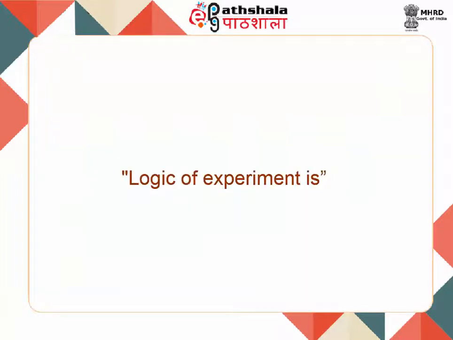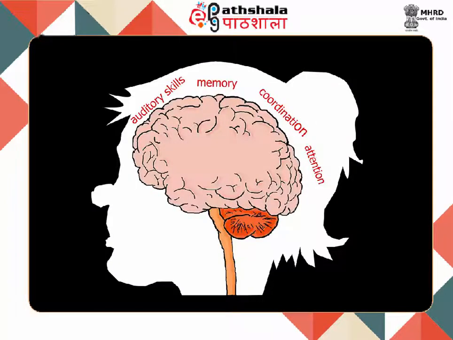Now Soumya has to hear both the messages. And once she has heard both the messages, the task is over. Once the task is over, Soumya is asked to repeat the messages which she was asked to shadow. The logic of the experiment is a person must concentrate on the message which was being shadowed.